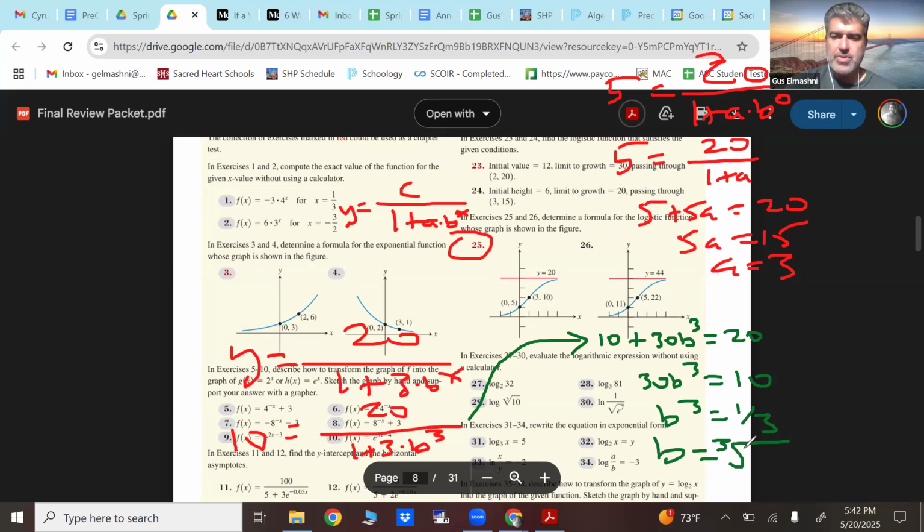So b would be the cube root of all that chunk. Okay, so your equation will be this.